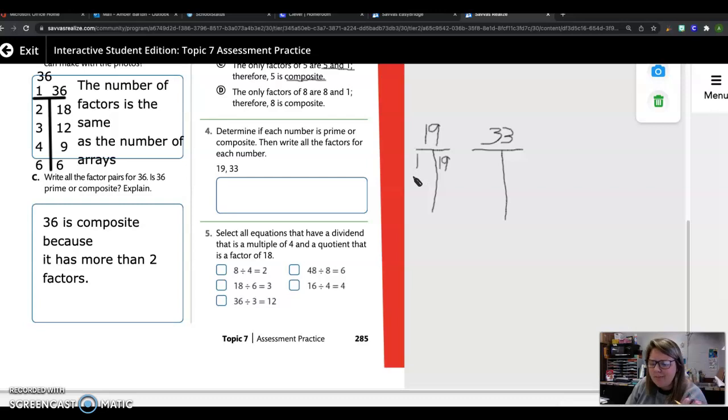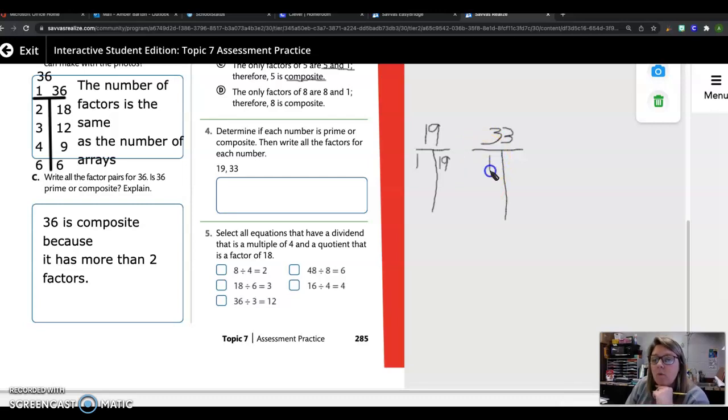No. What about 3, 4, 5, and so on up to 18? No. So the only factors that 19 has is 1 and itself. So we know that 19 is what? A prime number. Good.